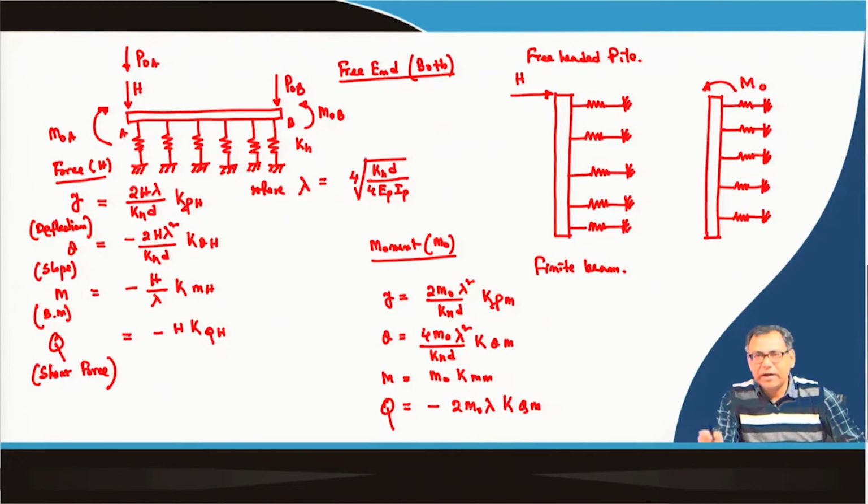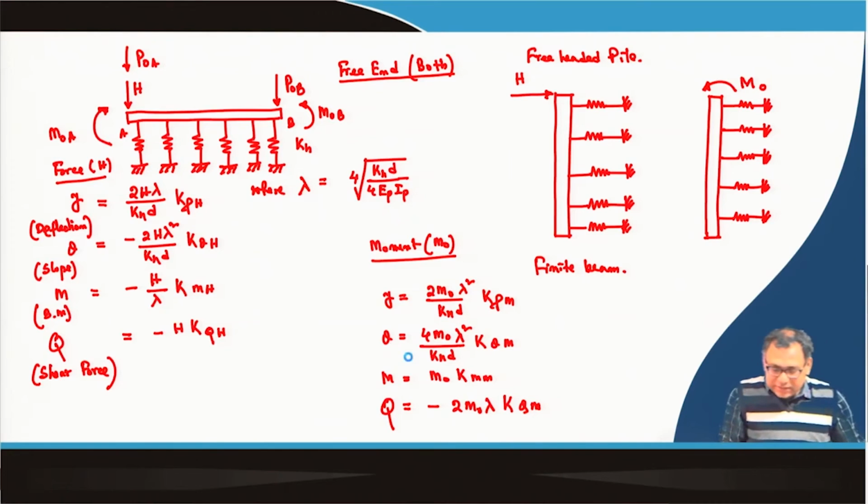Because of that moment there will be another slope. So, we will equate that, because the net slope will be 0, and we will try to find the value of M0, the fixed moment that is generated due to the fixity, so that the net slope will be 0 at the head.